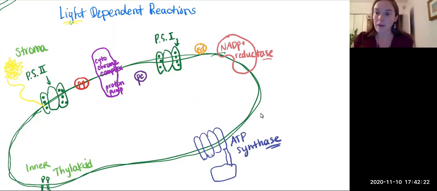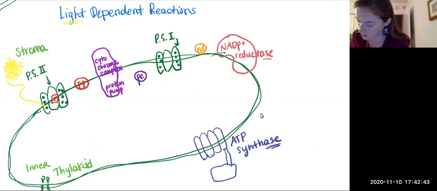So as they fell back down to their ground state, they gave off a color, and you saw different colors in the flame test lab. These electrons get excited, they get boosted, but they have a place to go, and that place is through what's called the electron transport chain.